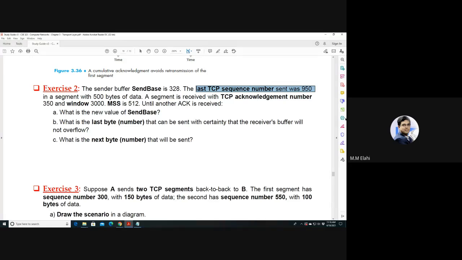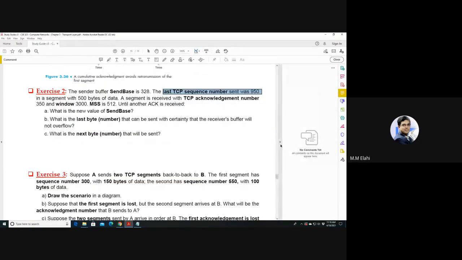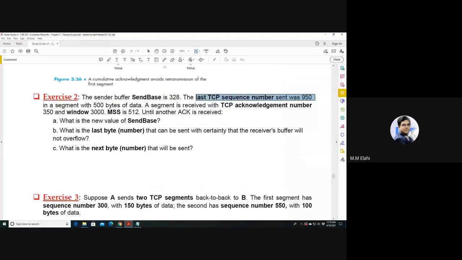Let me try to draw it here. For example, to understand, if I draw the picture here, the send base was 328. Previously, the send base was 328.